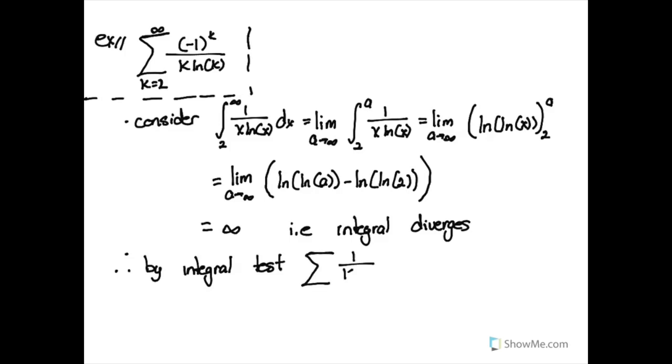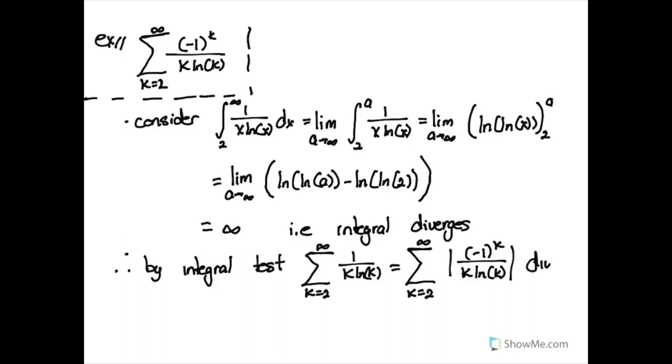So the series is 1 over k ln k, which in this case is equal to the absolute value series. Right, these diverge.